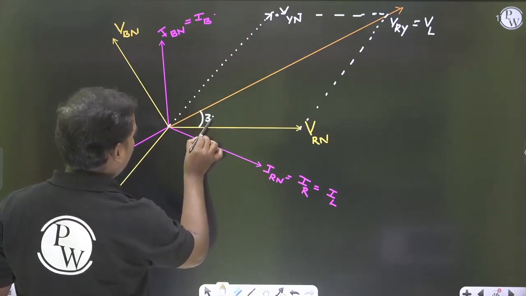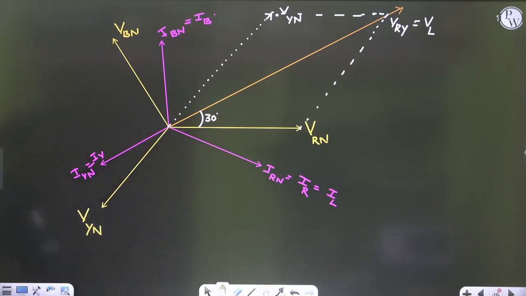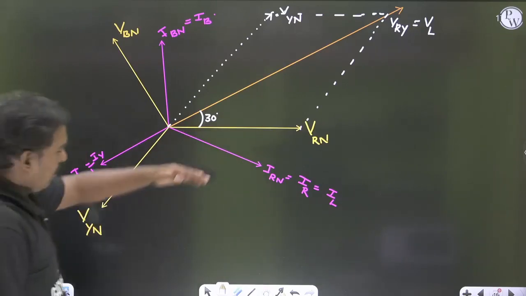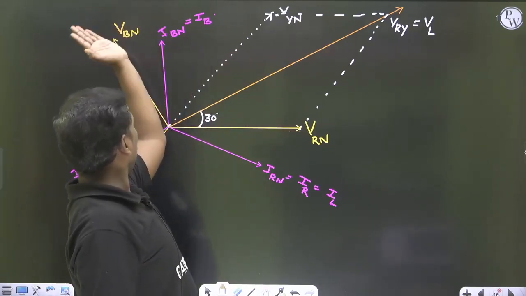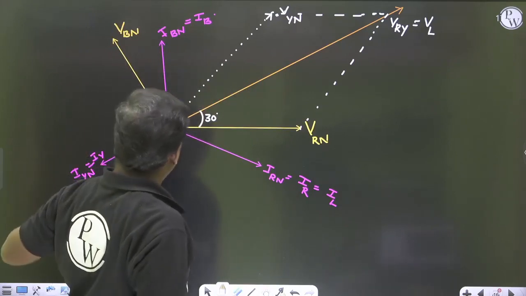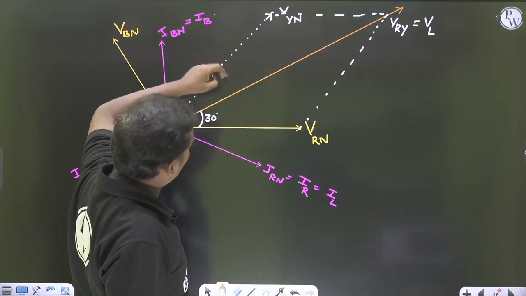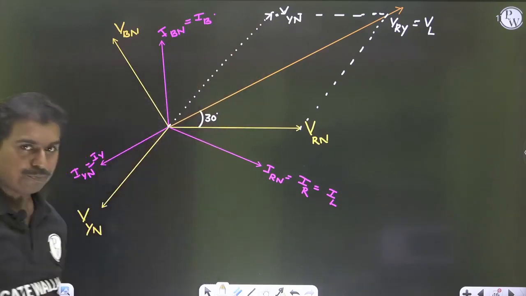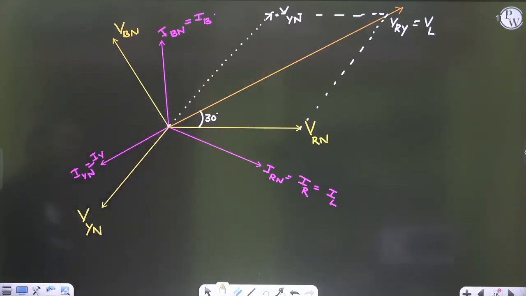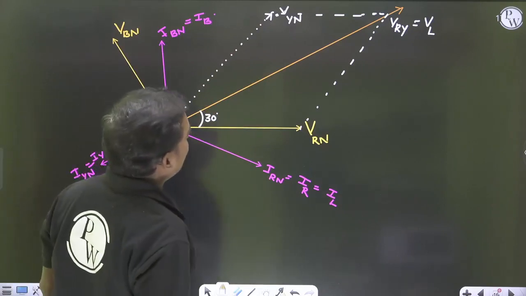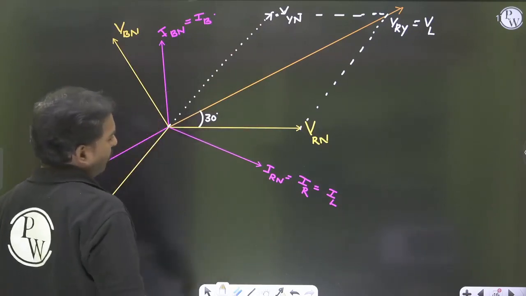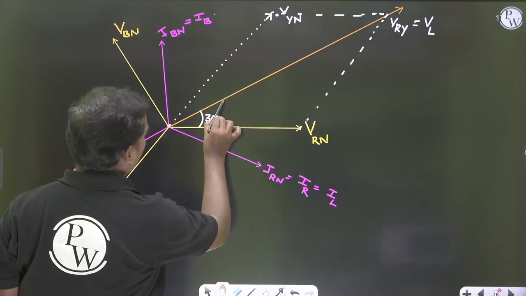Am I right or not? Listen carefully, my dear. The angle between VRN and VBN is 120 degrees, and this cuts exactly 60, and this exactly splits 30. What I want now is the angle between VRY and IL, that is this angle I want.